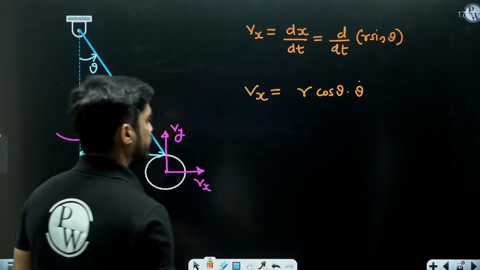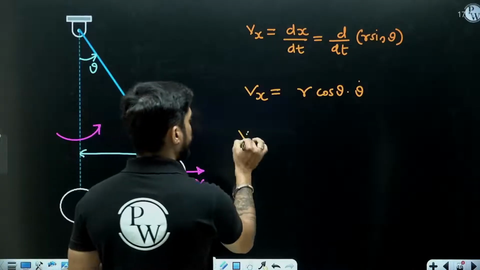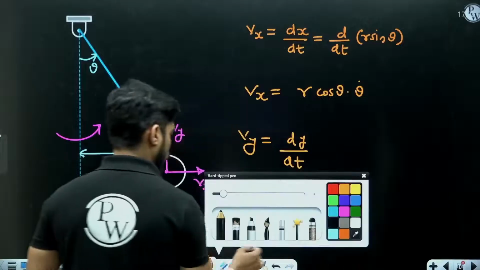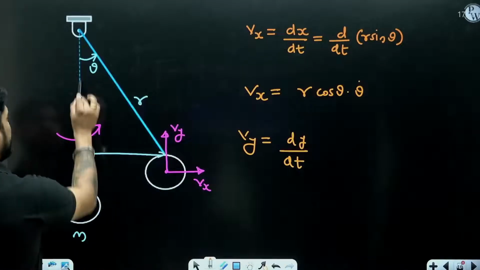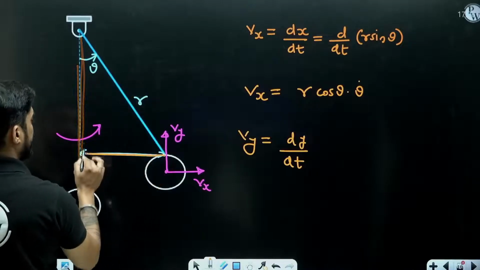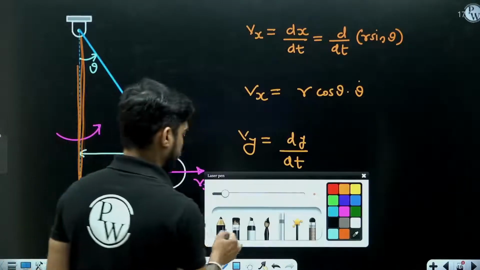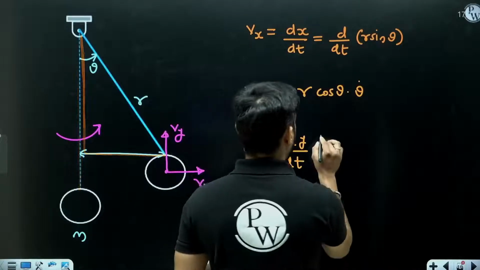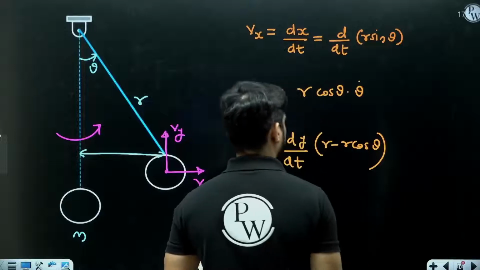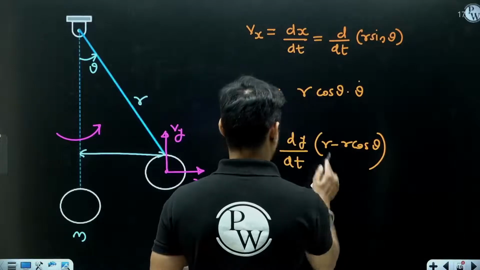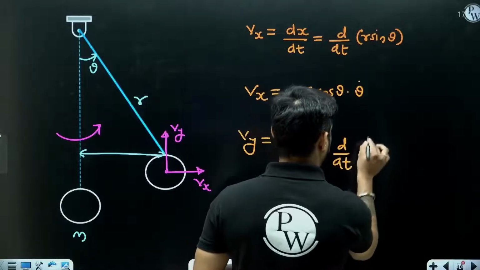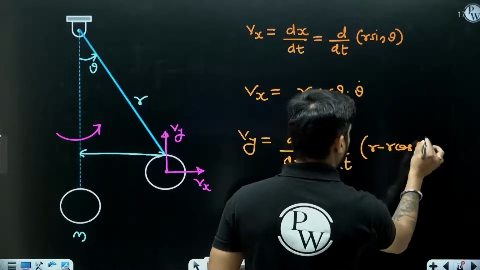Now Vy will be equal to dy by dt. Now what is the displacement in y? Earlier this was r, and now this height is r cos theta. So y is r minus r cos theta.